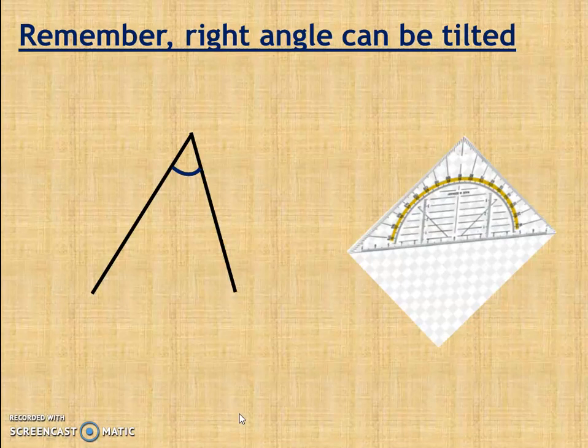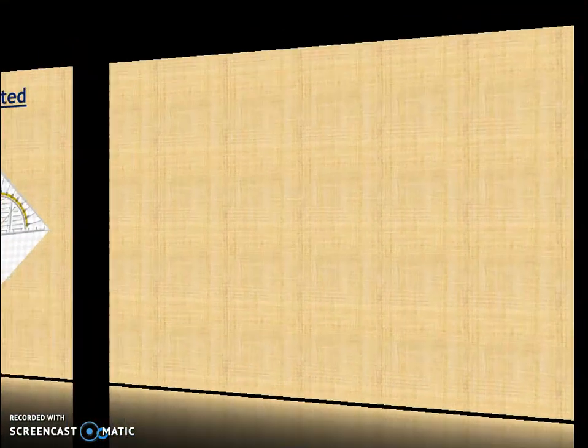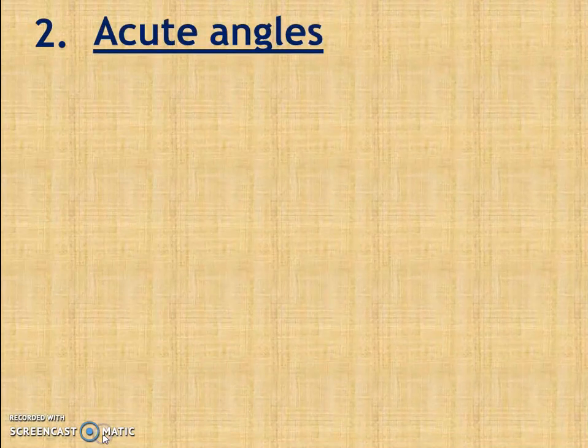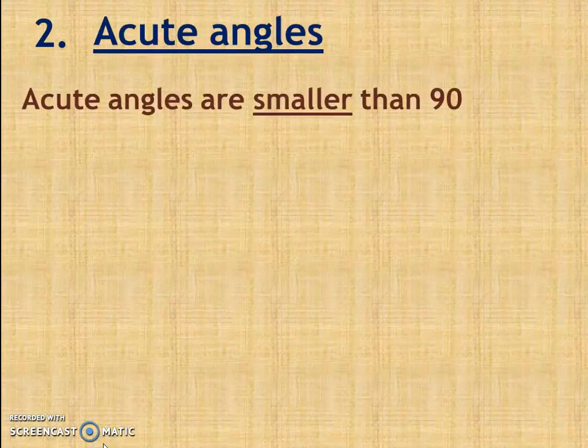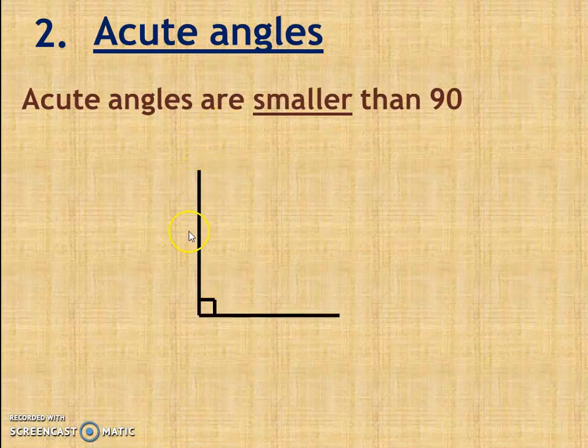Now let's continue to the second one. It is acute angles. Acute angles are smaller than 90 degrees. Look at this one. This is a right angle, right? And it is 90 degrees. Now, acute angles will be like this, smaller than 90 degrees.